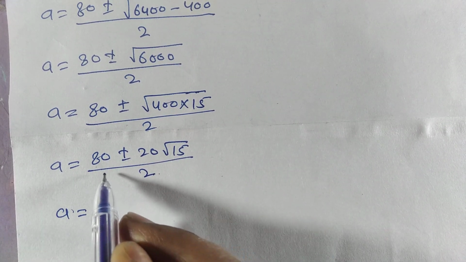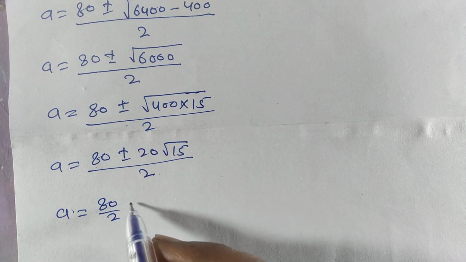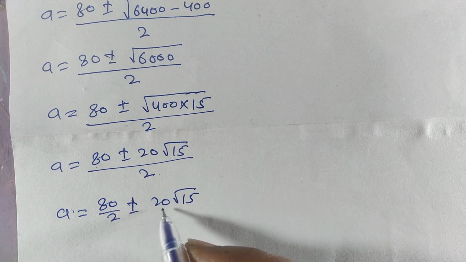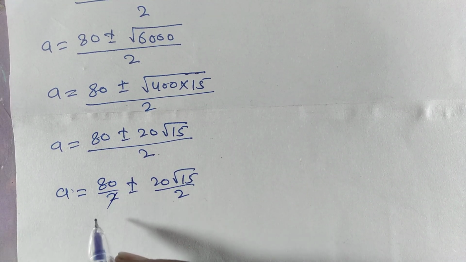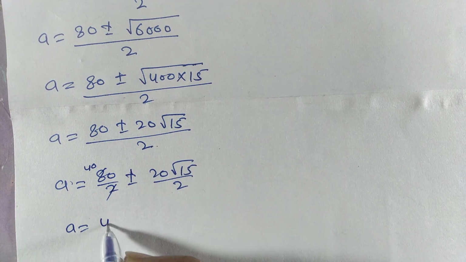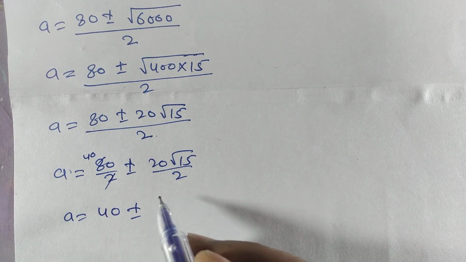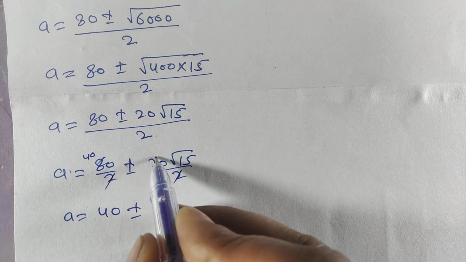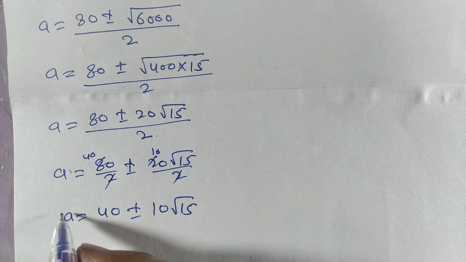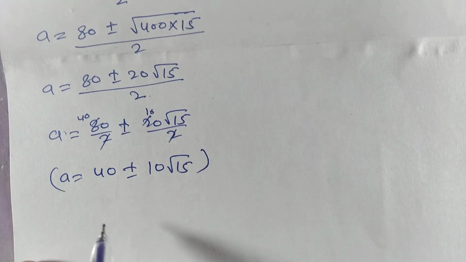A is equal to 80 over 2 plus or minus 20 over 2 square root of 15. A is equal to 40 plus or minus 10 square root of 15. This is the value of A.